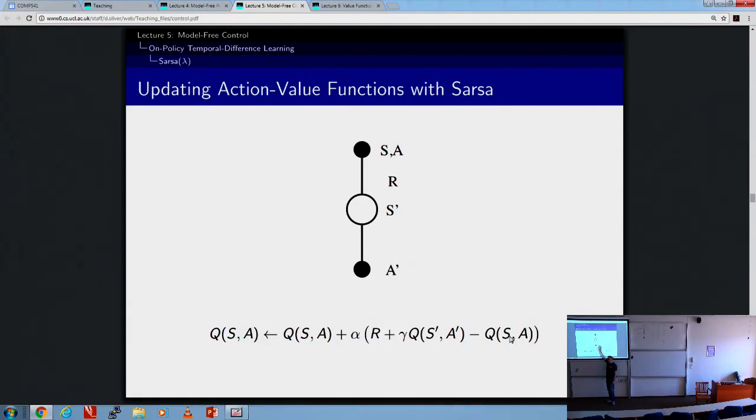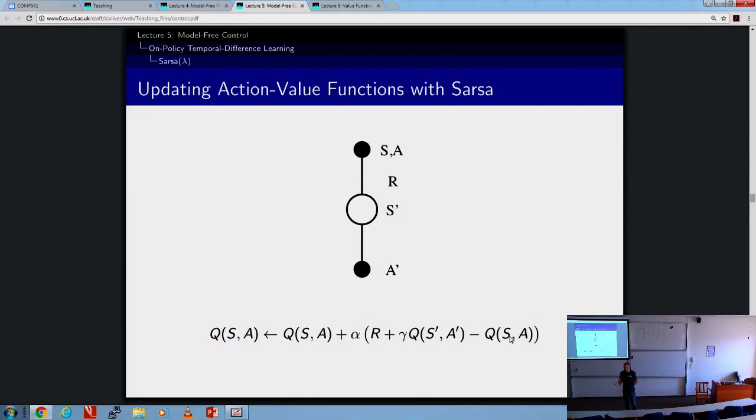So I have this whole sample, and I don't go any further into the tree. I stop here and do my little update. I take Q(S,A) and make it closer to R plus the discounted Q(S prime, A prime), so the Q one step further. I move the Q in the direction of immediate reward plus the next Q.